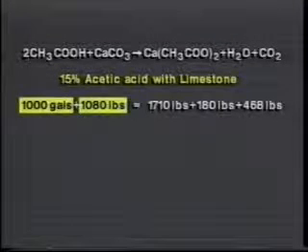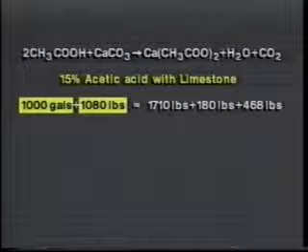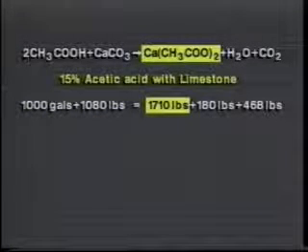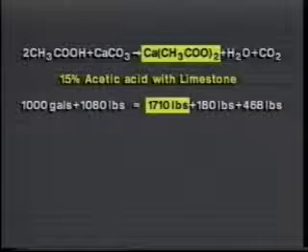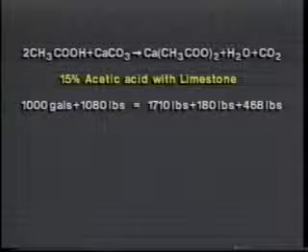Thus, 1,000 gallons of 15% acetic acid will dissolve 1,080 pounds of limestone. The resultant calcium acetate is a calcium salt and is of little concern since it is generally soluble in the spent acid. Because of its low corrosivity, acetic acid is also well suited to situations where aluminum or chrome-plated parts will contact the acid.